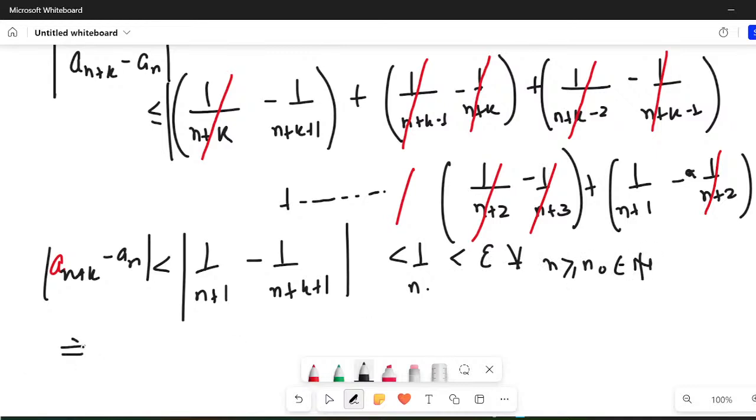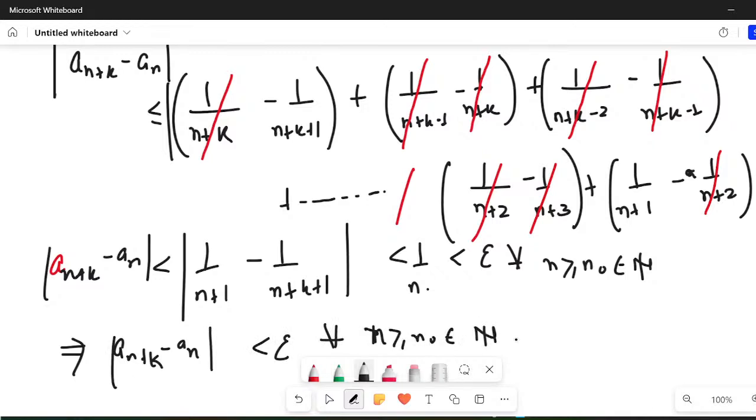What does it imply? It implies that modulus of a_{n+k} minus a_n can be made less than epsilon for all n greater than or equal to n naught belonging to natural and k greater than 0. It implies that my sequence a_n is a Cauchy sequence.